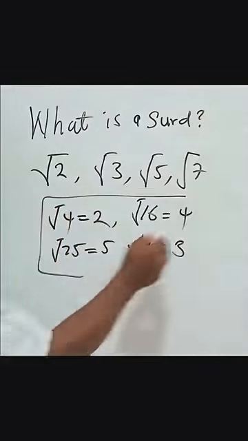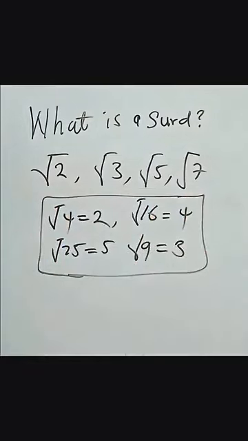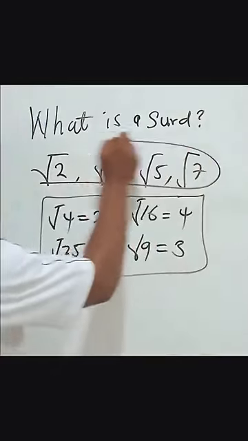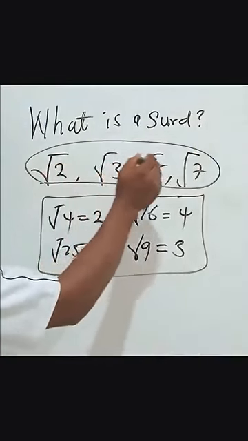Therefore, these numbers that have whole numbers as their square roots are not examples of surd. Surds are irrational roots that cannot be expressed as a whole number. The square root of 2, 3, 5, 7, it is.